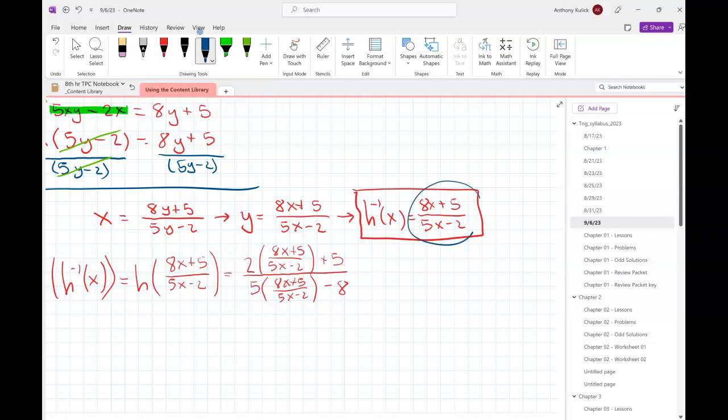Do you remember what we call something that looks like this, where we have a fraction with x's in it? Starts with an r, do you remember? It's a rational function, where we have a polynomial divided by another polynomial.